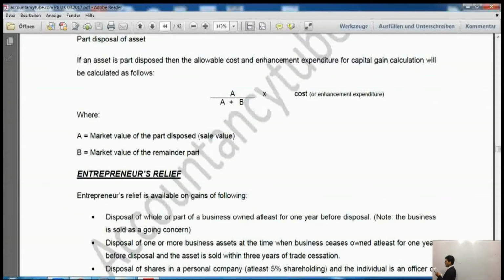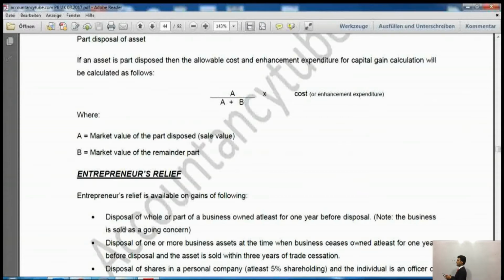If an asset is part disposed, then the allowable cost and enhancement expenditure for the capital gains calculation will be calculated as follows. The formula is A over A plus B, where A means the market value of the part disposed, which would be our sales value, and B means the market value of the remainder part, which I did not sell.